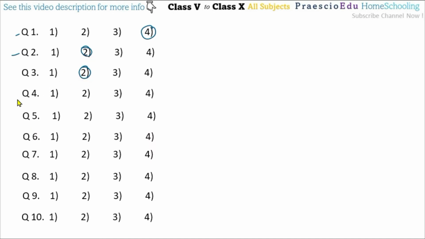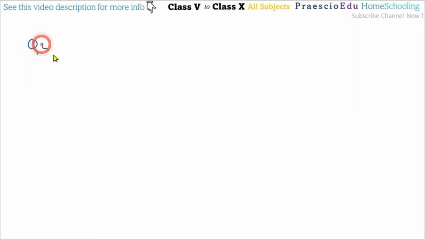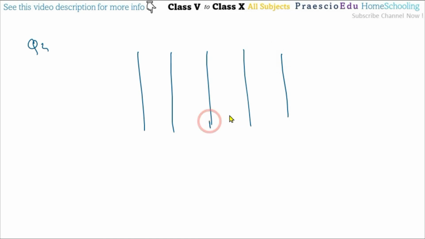Then question number 4: some students are standing on a ground in 5 rows. Suppose there are 5 rows like this, 1 2 3 4 and 5. In each row the middle man is at the 5th place.